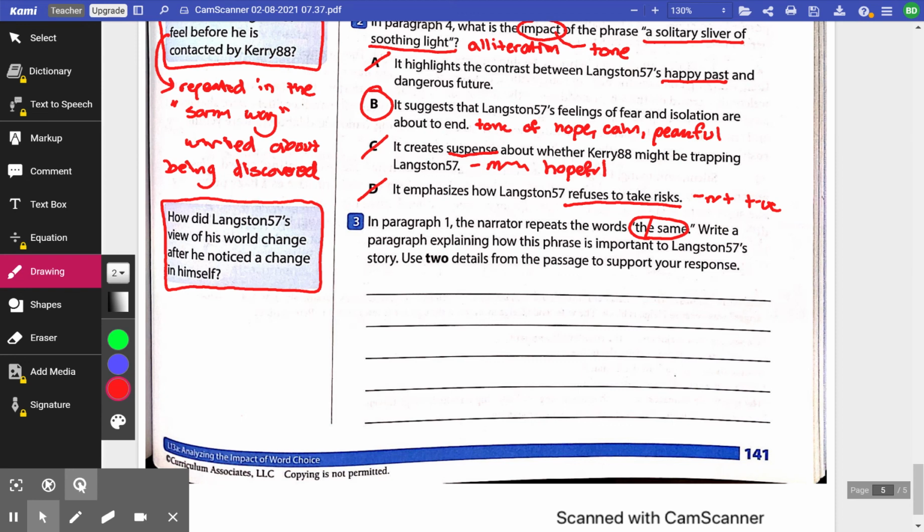He had the same happy, bland thoughts over and over again. Since changing, his thoughts have been troubled by the fear that he will stand out and be sent away for reprogramming. The repetition of the same shows how strongly Langston 57 feels the difference between his present and past selves and himself and others.